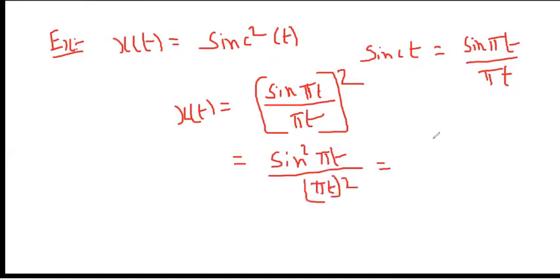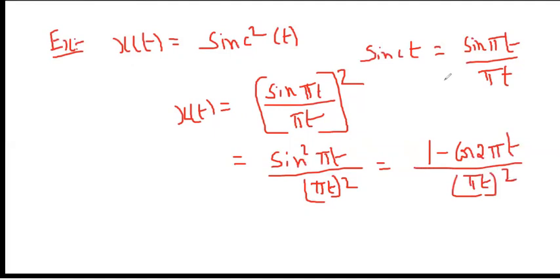We know the trigonometric identity: sine square theta is 1 minus cos 2 theta, divided by 2. Theta is pi t here, because it is sine square. So we get 1 minus cos 2 pi t, divided by pi t whole square.